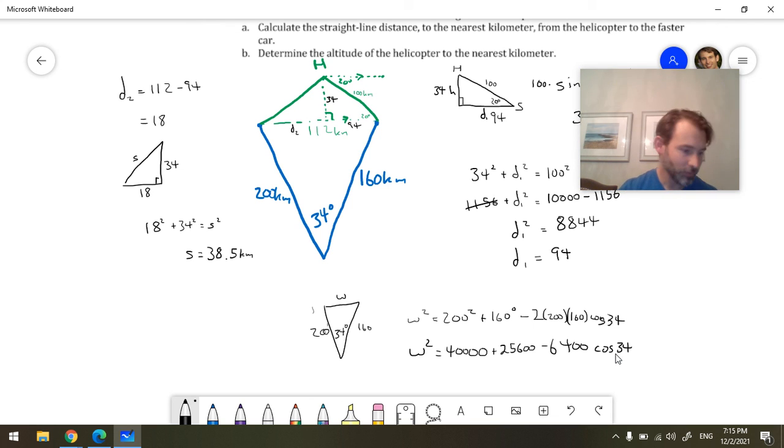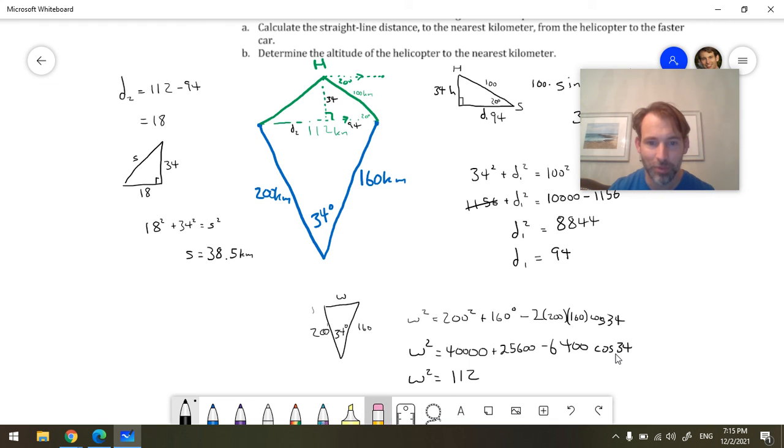So this gives me W squared is equal to 12,541.6. Oh my goodness. It's late.